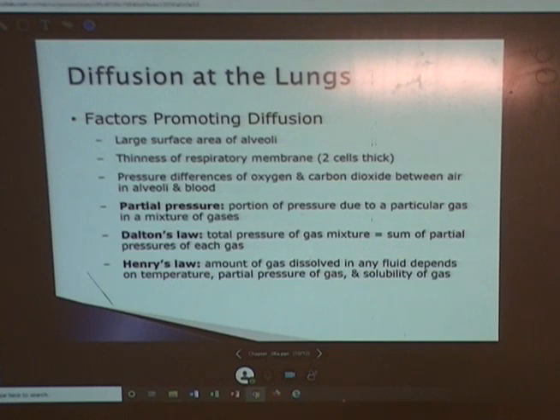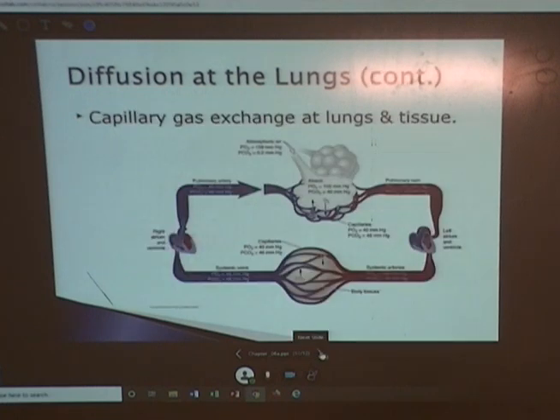So, back to our high-low. We're going to concentrate on the oxygen to begin with, all right? The partial pressure of oxygen at sea level is 159 millimeters of mercury, okay?